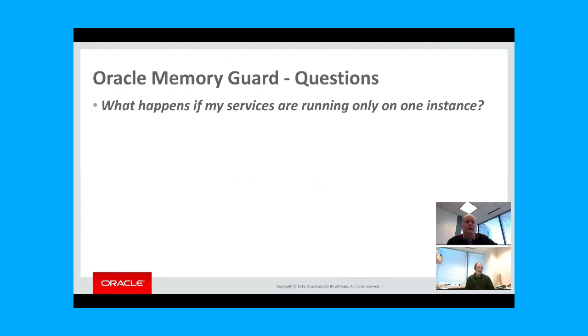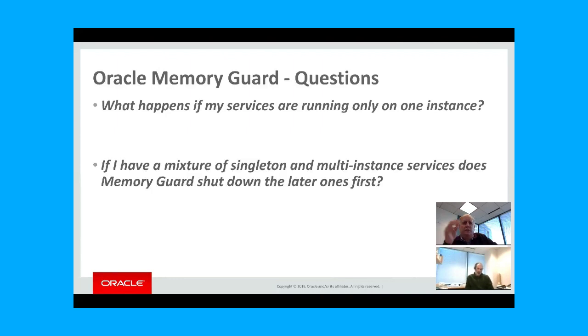I see. So speaking of these multi-instance services, if you have a mixture of singleton services, i.e. ones that run only on a particular instance, and services that go across instances, does memory guard actually shut down the multi-instance ones first in trying to reduce the memory stress?